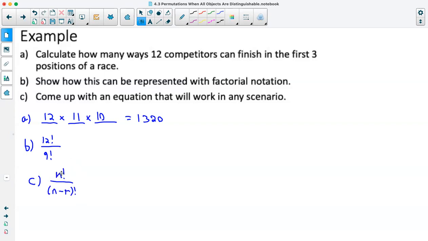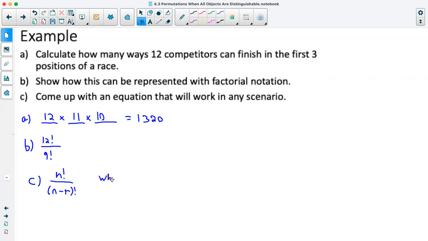So n factorial is our number of, in this case, people competing, and r is how many positions we're looking for. In this case, 12 people competing, 3 positions, so 12 minus 3 gives us that 9 factorial.